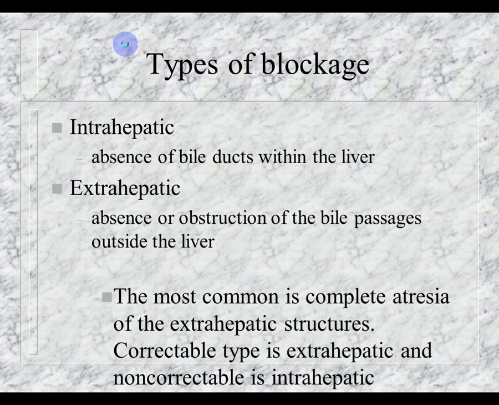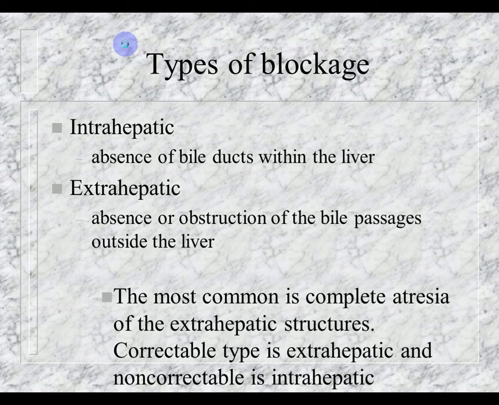When you think about the types of blockage, there's two main types, intra and extrahepatic. Intra meaning within, so it's absence of the bile ducts within the liver. Extra meaning outside of, so absence or obstruction of the bile passages outside the liver. So as you can imagine, there's not much we can do if you don't have bile ducts within the liver. You have to have a complete liver transplant. So that's also known as the non-correctable type.